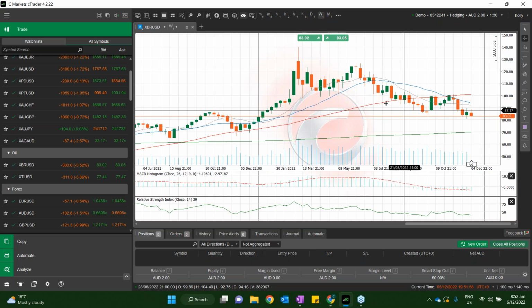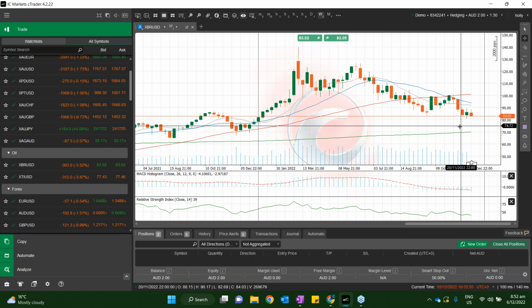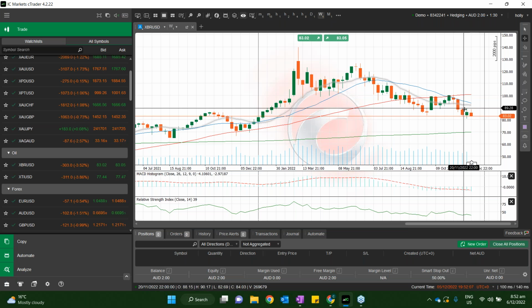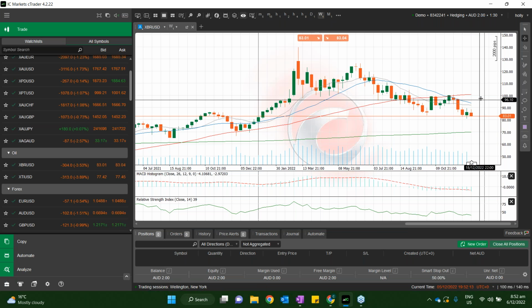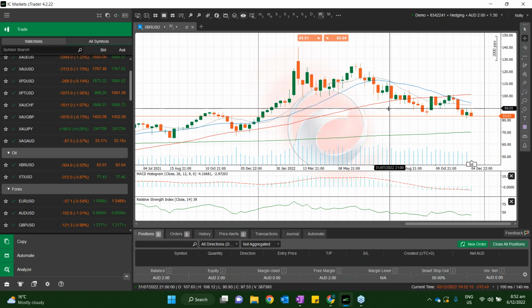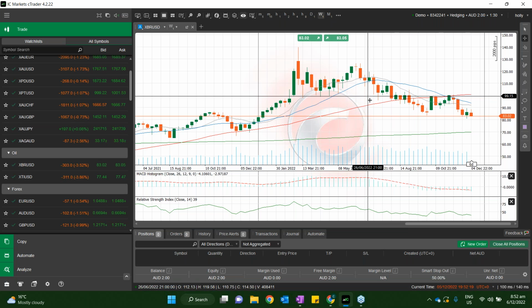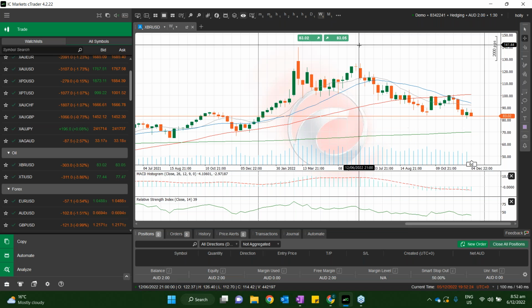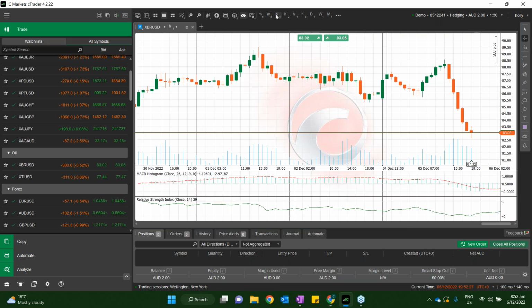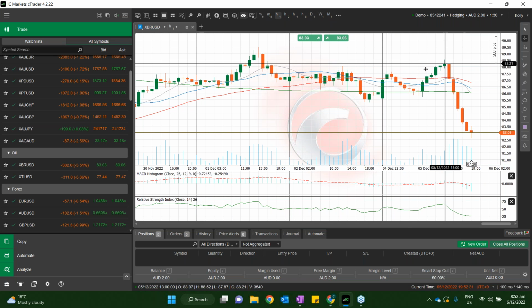It could just be as a result of this 100 level, which it's struggling at. It could very well push up to 100, push up again, push up a few more times and then break. It may very well do that. But as long as we're in that range between 100 and 83 or so, we're not going to see any trending unless we go down to the very low time frames and look for trending in between that range, which you might find.